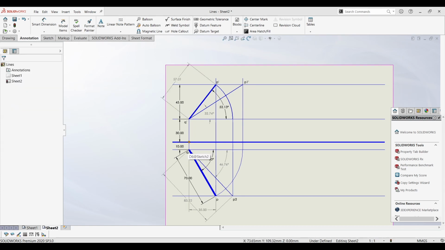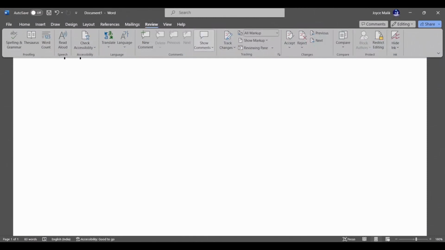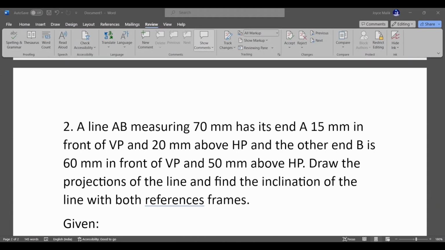Let us go with the next question. Here is coming up the next question. The question says a line AB measuring 70 mm has its end A 15 mm in front of VP and 20 mm above HP.